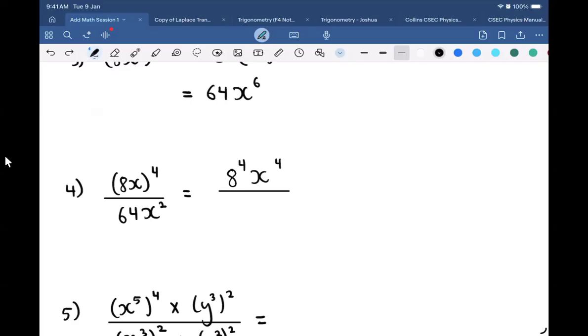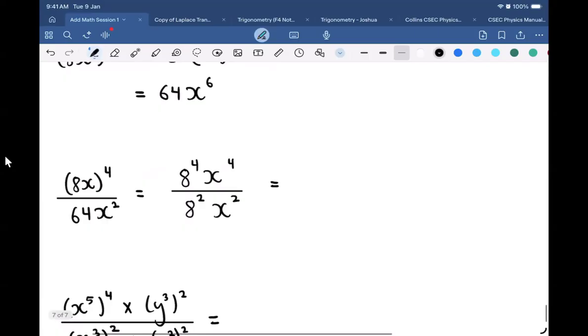Is there any way I could write 64 as some power? 64 could be a to the power 2, right? And then we have x squared. Now, notice something. We have 8 here, same base, dividing.